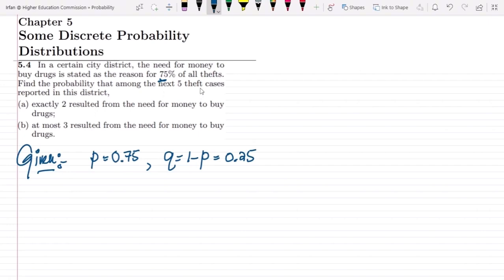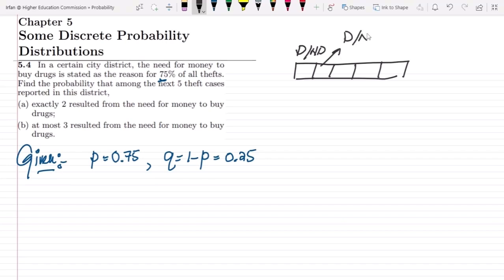After finding it out, we have 5 theft cases, 1, 2, 3, 4, 5. Out of all these 5 theft cases, we have to see whether he has been stealing the stuff for buying drugs, so it can be drug or no drug.